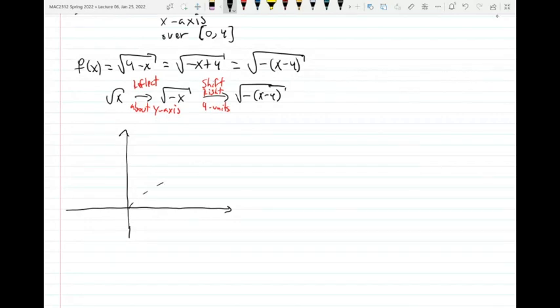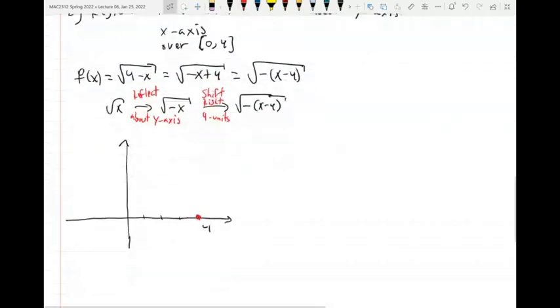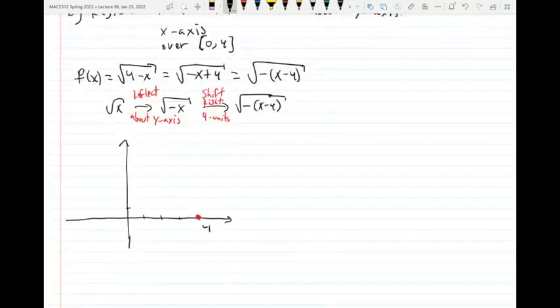So remember, typically a square root looks like this. So what's happening is we are flipping it like this, and then we're bringing it to the right like this. I'm just going to draw here the final version of it. Let's say that this is 4. So 1, 2, 3, 4. So it starts here, and then the y-intercept is when x is equal to 0, which is 2. So square root of 4 is 2. So right here, 2.